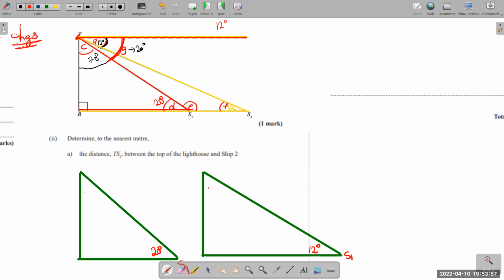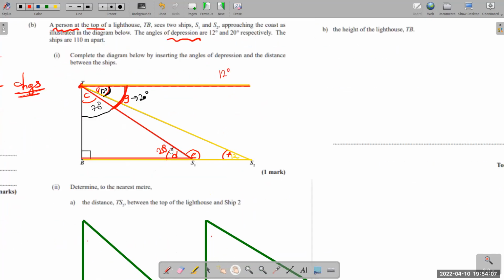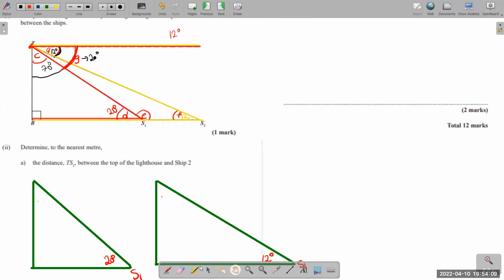All right, let me go back up. They gave us some distance here. They said these ships are 110 meters apart. This is a great thing. Let me erase all of this now. Where would I put 110? Let me just put back in 20 here, 12 here.